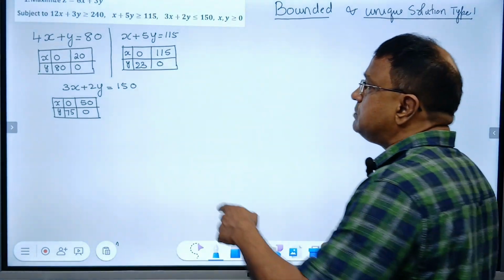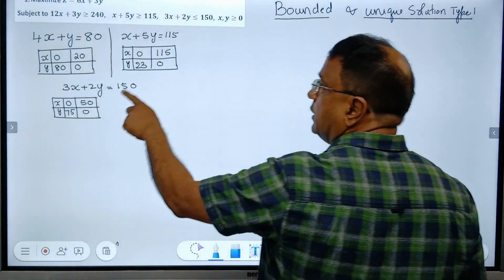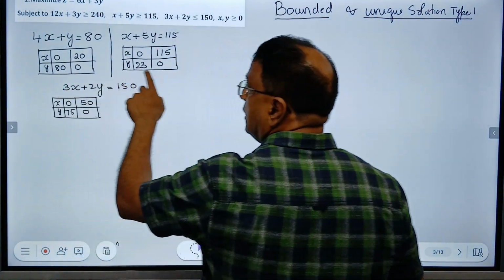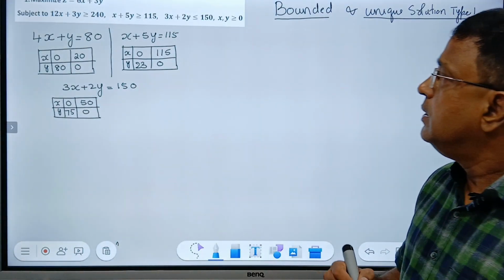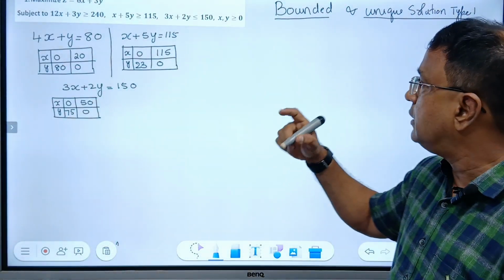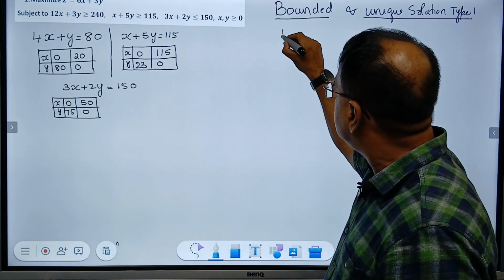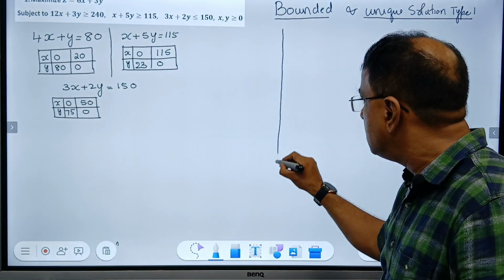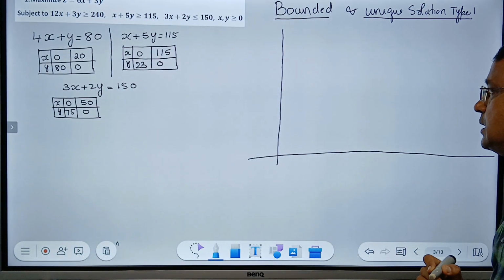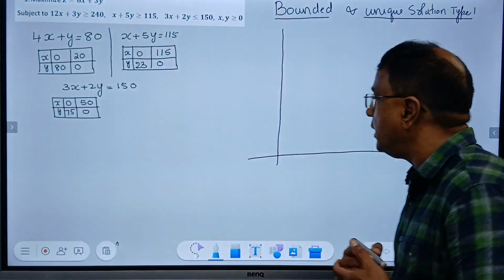Okay. Now what's the maximum value of x? The maximum value of x is 115. And the maximum value of y is 80. Correct? So I'm going to take multiples of 10. So this is my x-axis and this is my y-axis.